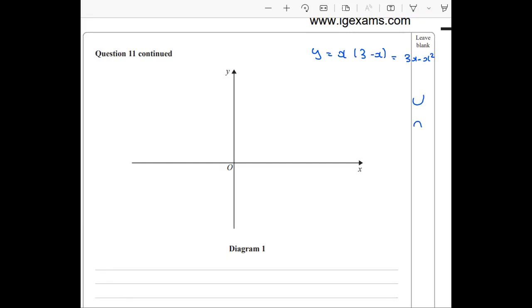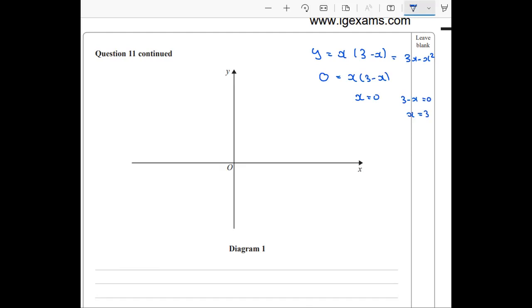Okay, and whenever we are plotting a parabola, what other things do we need to keep in mind? The x-intercepts. Yes. When we talk about x-intercepts, we need to think of values of x when y is 0. If I put 0 here, I have two factors being multiplied equal to 0. How do I interpret this? x would be 0 and 3 minus x would be 0, and this implies x would be 3, right?